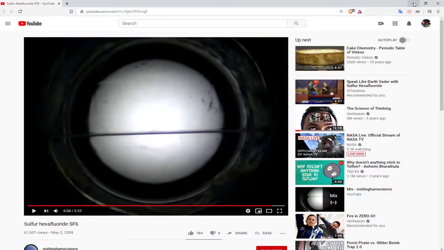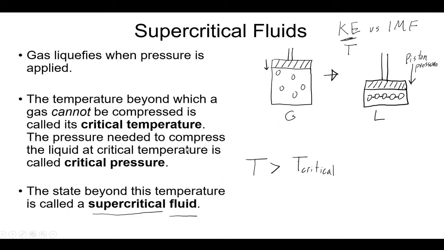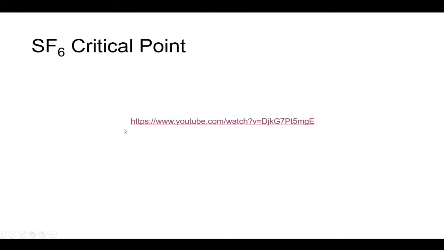Okay, so that's a supercritical fluid, where we're moving beyond this critical temperature, beyond which it doesn't matter how much I push on the molecules, they don't set up a liquid state ever again. They're in this new state of matter. Okay, so that's supercritical fluids.